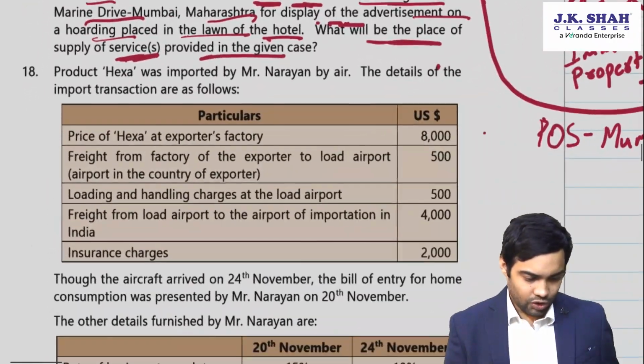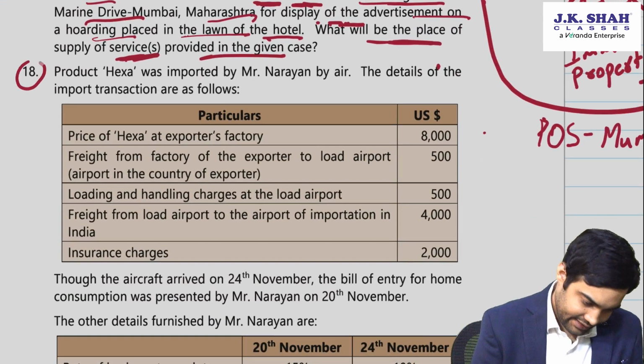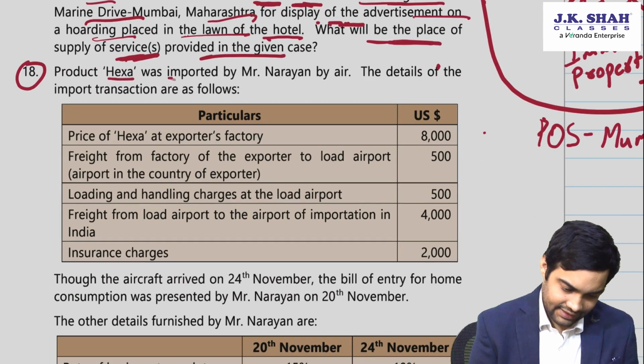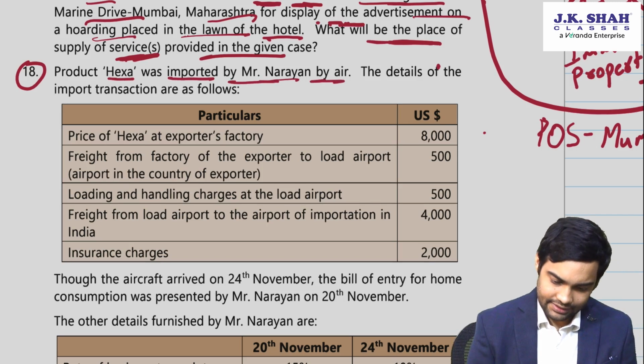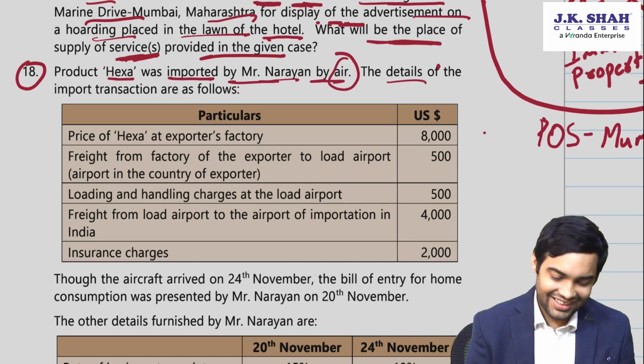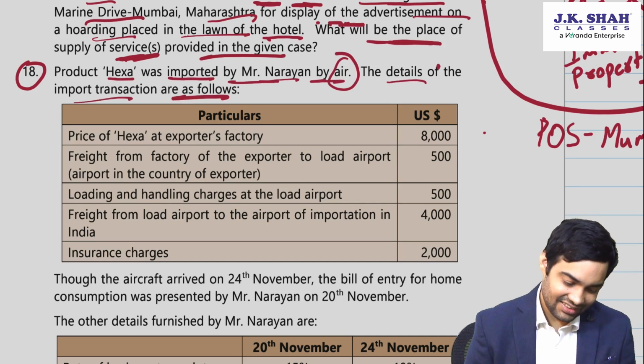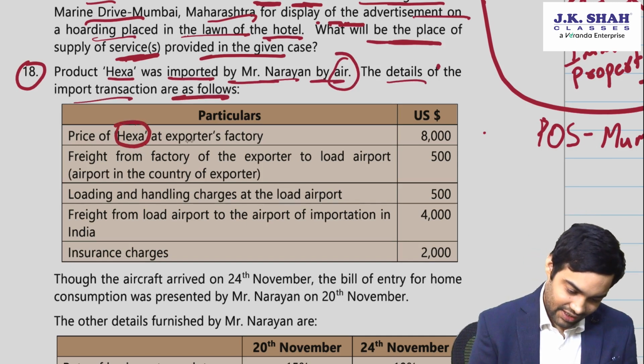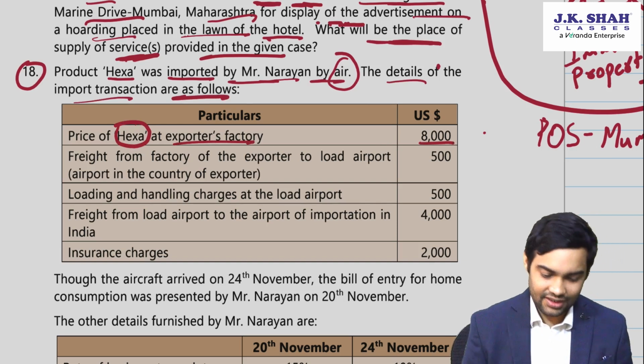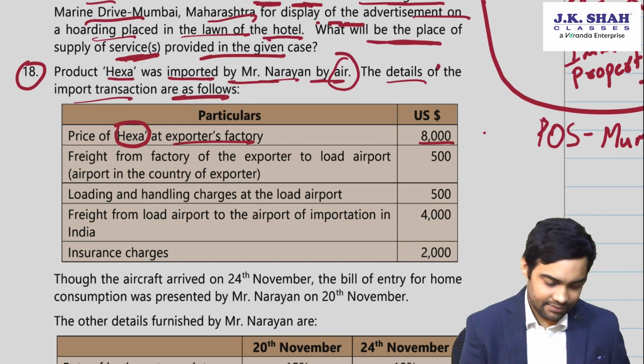Now let's move on to question number 18. Product Hexa was imported by Mr. Narayan by air, careful, 20%. The details of import transactions are as follows. Price of Hexa at exporter's factory 8,000 USD.